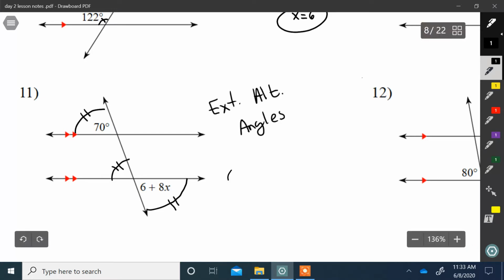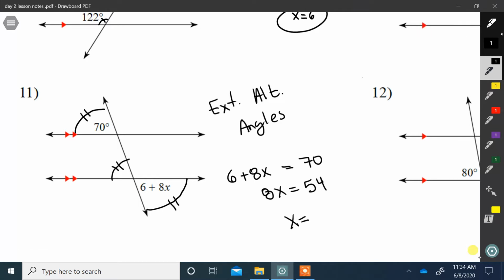So you know that 6 plus 8x has to equal 70. Subtract 6 from both sides, you get 54. Okay, you divide by 8. Okay, and then you get 7.